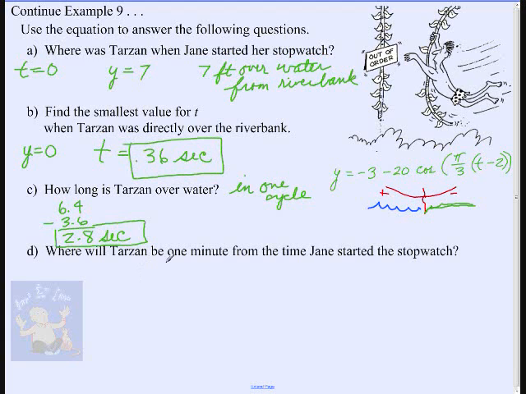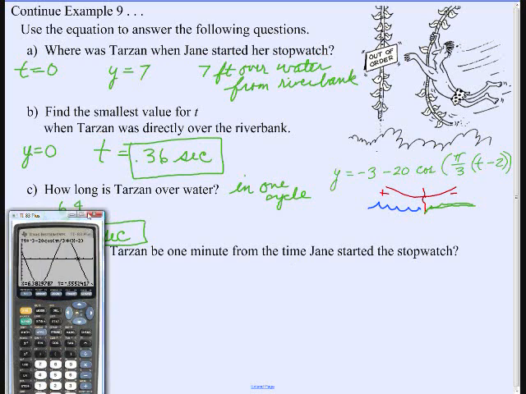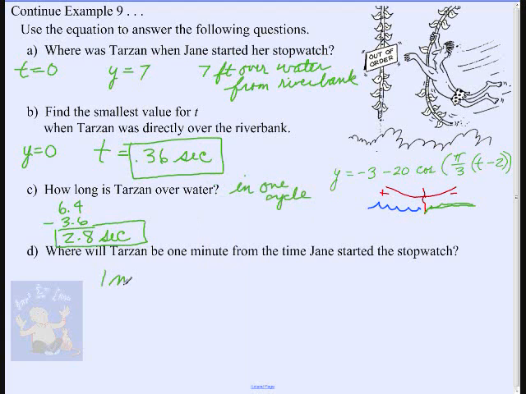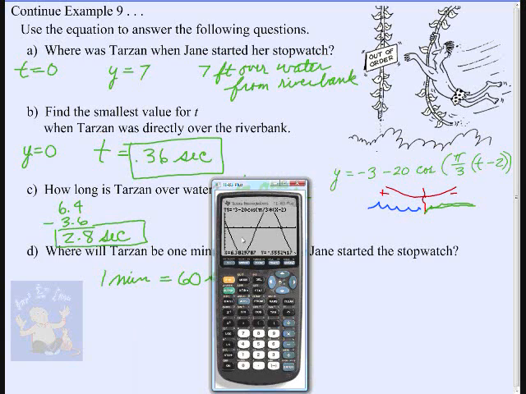Finally, where will Tarzan be 1 minute from the time Jane started the stopwatch? 1 minute equals 60 seconds. So let's use our calculator on this. Okay, clear this.